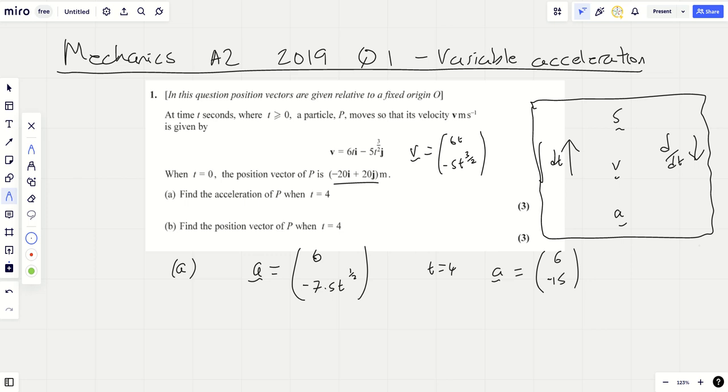Now, I'm always worried, do they want the acceleration as a vector or acceleration as a scalar? Personally, I think either's absolutely acceptable, but I'm going to just quickly find the magnitude just in case, because it doesn't take a second to do Pythagoras' theorem. So, as a scalar, you might even write it down so it's nice and clear to the examiner.